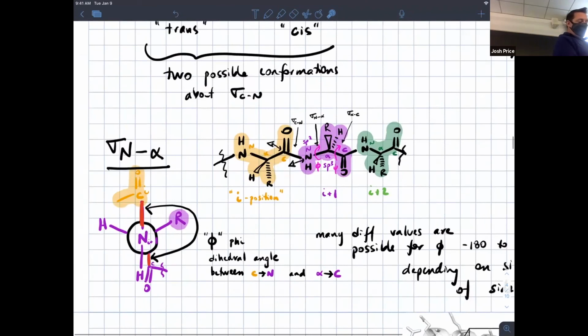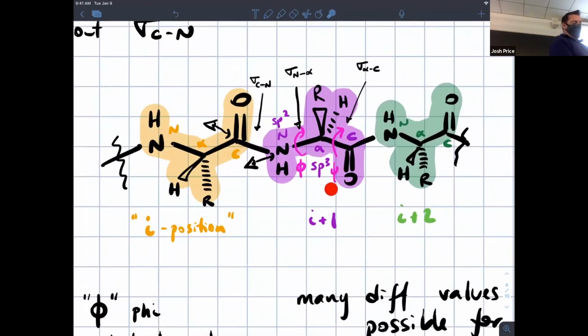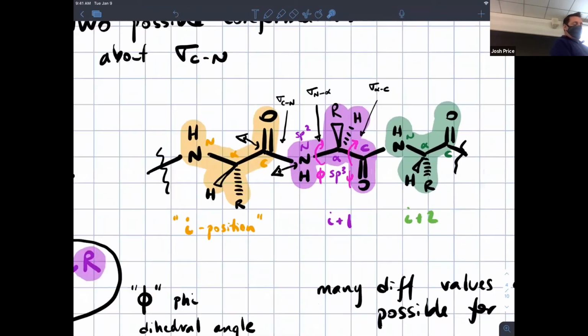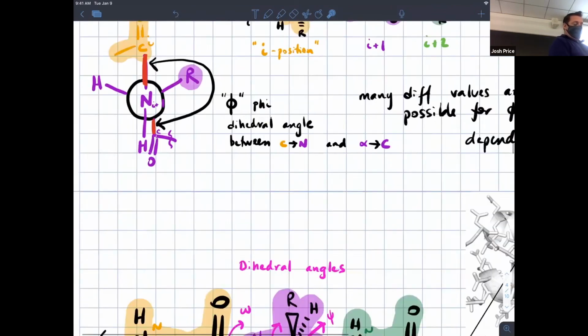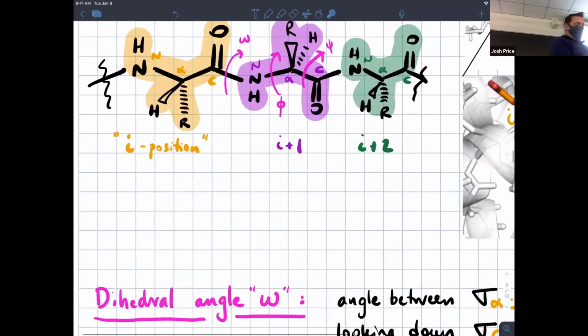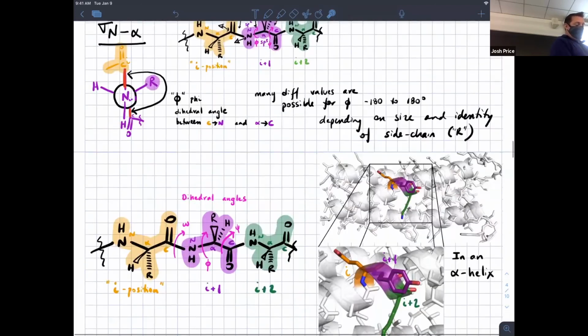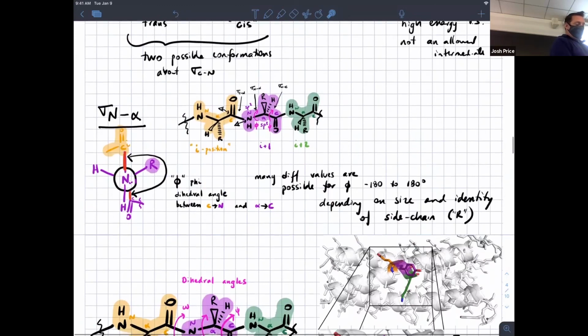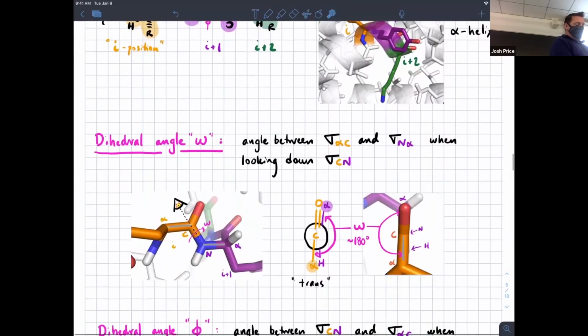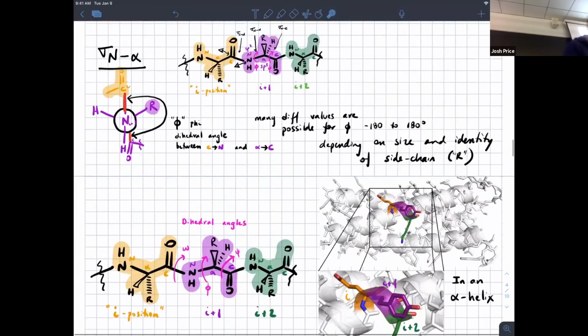The next one is psi, Greek letter psi. It's the bond between alpha carbon and carbonyl carbon. And if you look down that bond, I didn't draw it. Oh, well. Somehow that got missed.